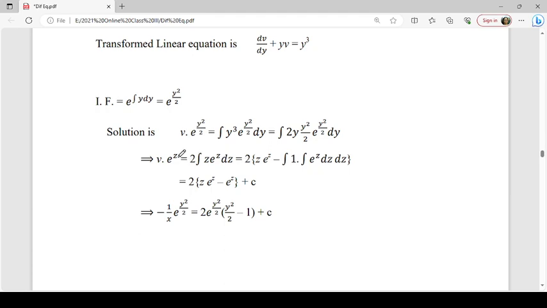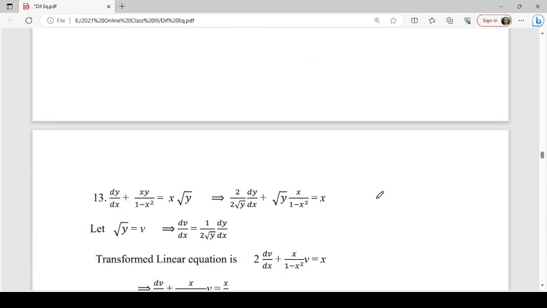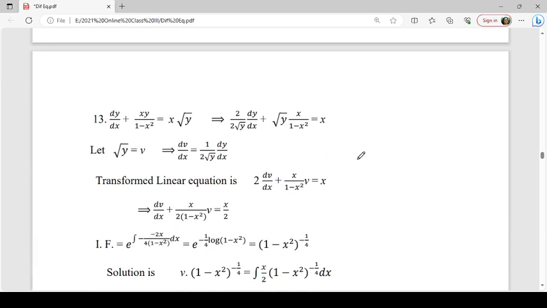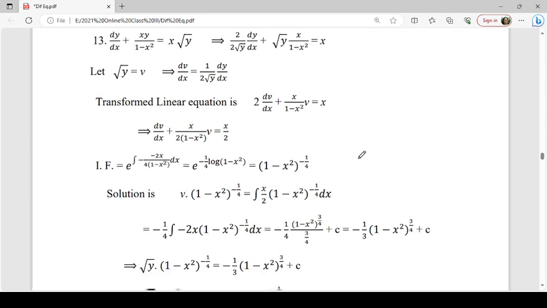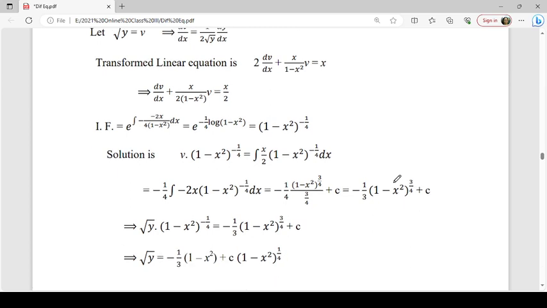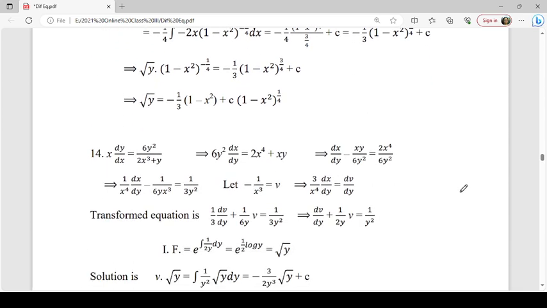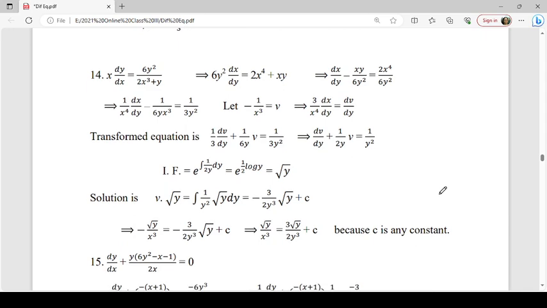Again we substitute z and v for y and x. These are the same. You can work it out and understand this. So these are reducible to linear equations.